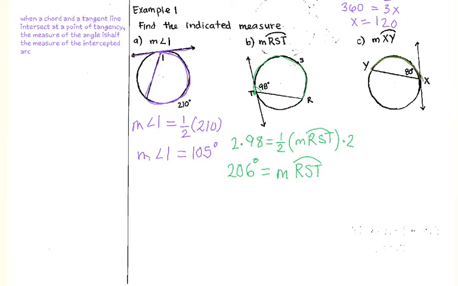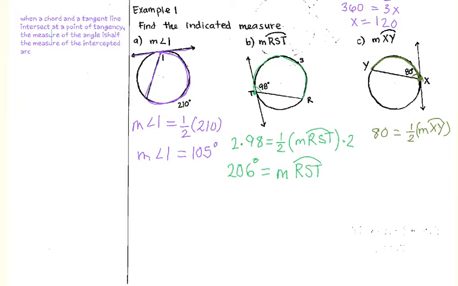So the point of tangency is at point X, and we want to find the measure, the green arc. So we have the angle is 80, so we have 80 equals 1/2 measure of arc XY.